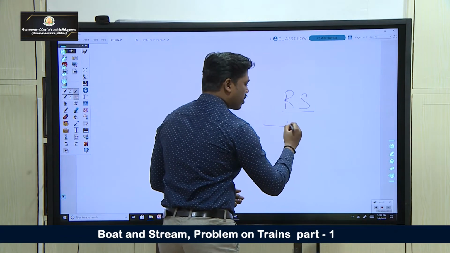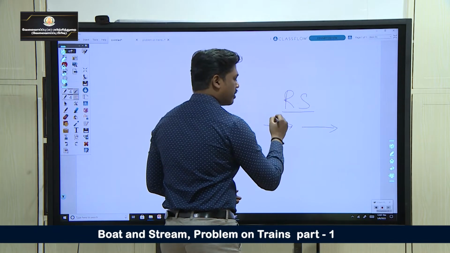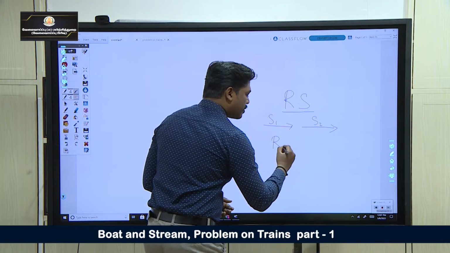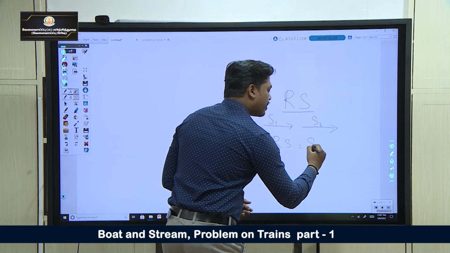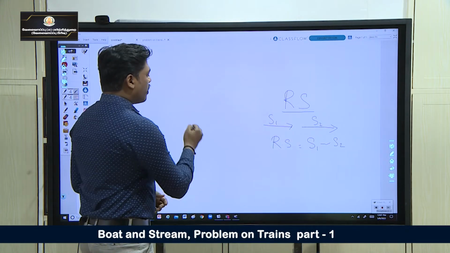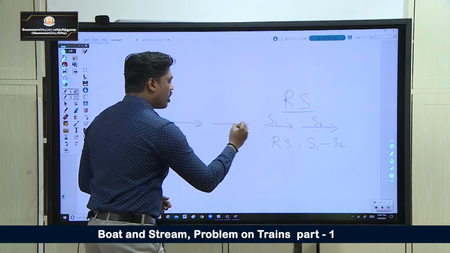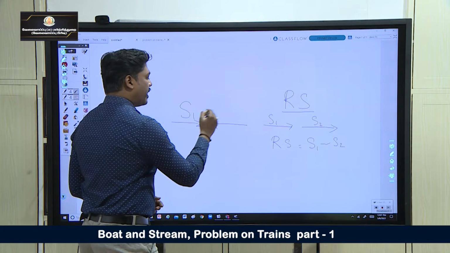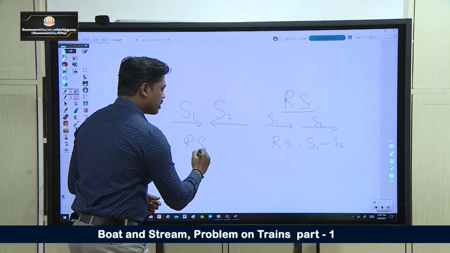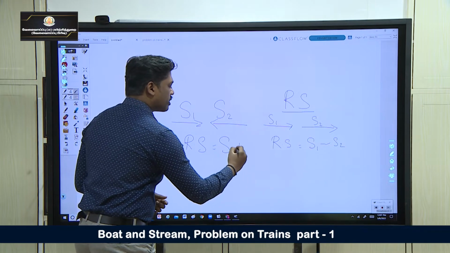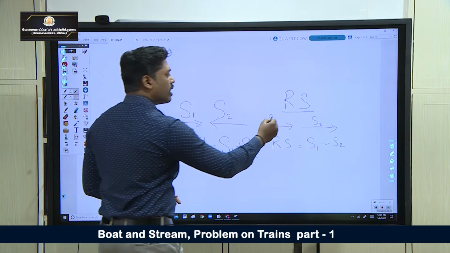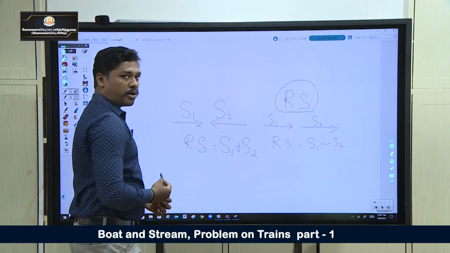When two persons are moving in the same direction at speeds of s1 and s2, the relative speed is the difference between their speeds. When two persons are moving in opposite directions at speeds of s1 and s2, their relative speed is the sum of their speeds. That is called relative speed, the important concept.